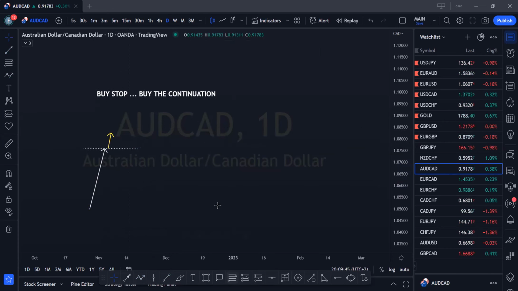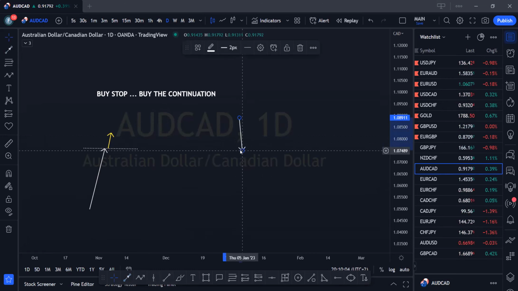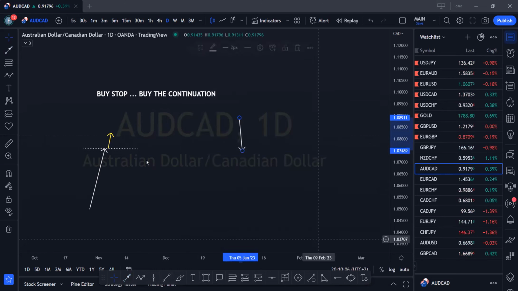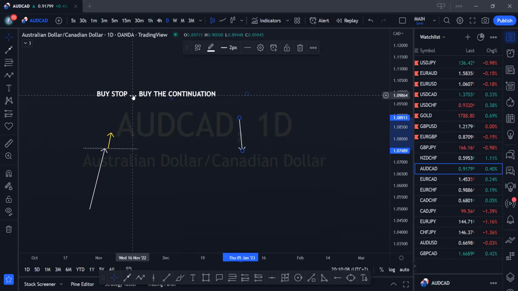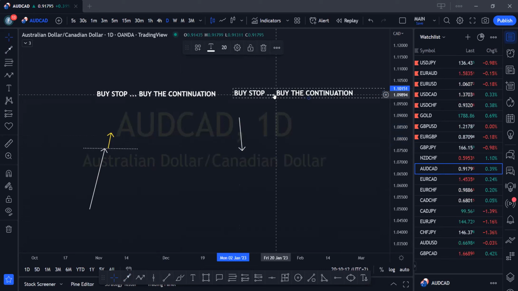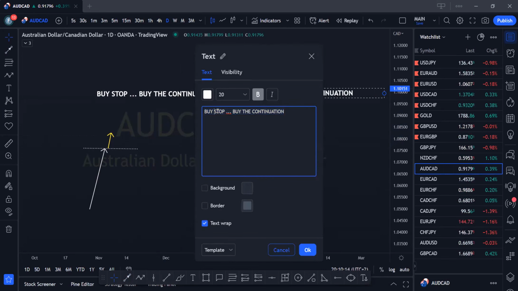All right, now let's talk about sell stop. Sell stop is a direct opposite of buy stop. So for a sell stop, price has to be going down, and you want to sell the continuation.